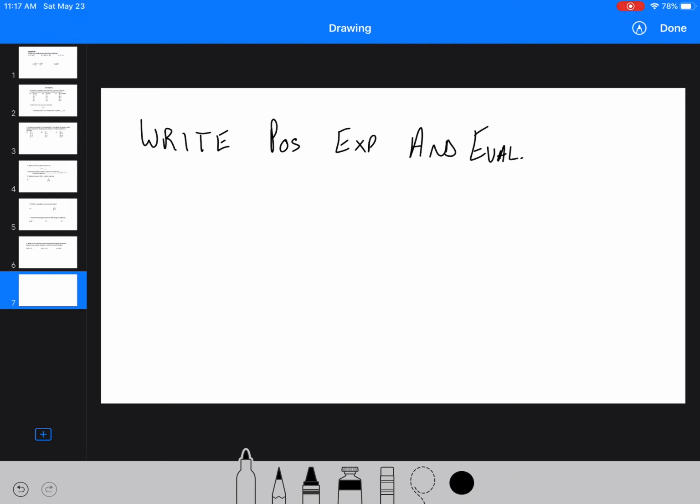So if we had something like, for example, let's say 2 to the negative 3 times, I don't know, let's say times 4 to the 2, and then let's say 5 to the negative 3.